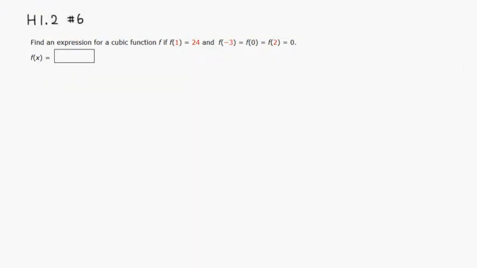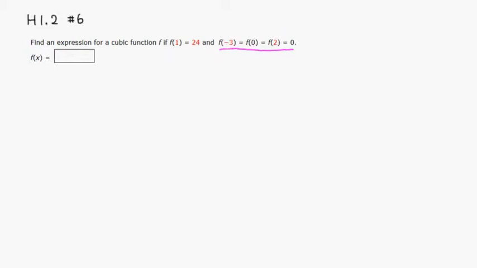We're going to look at these last three conditions here. These are actually telling you the zeros: negative 3, 0, 2.